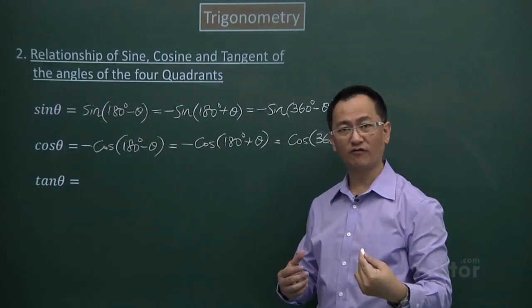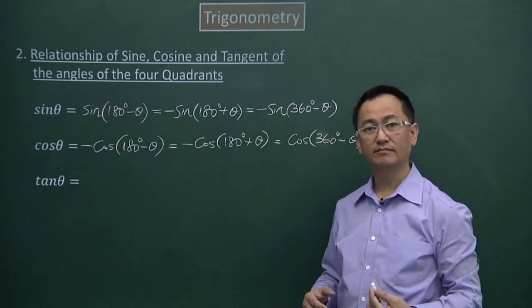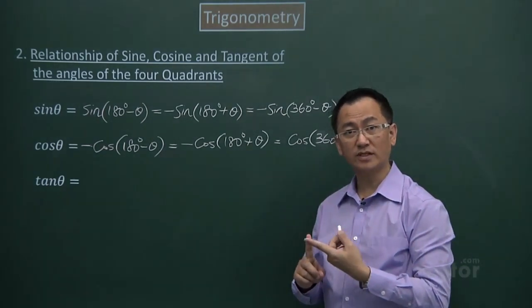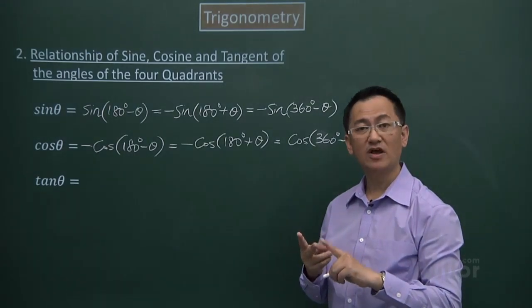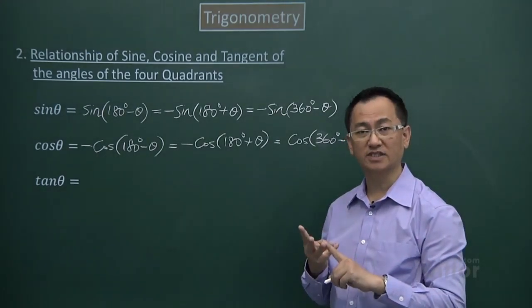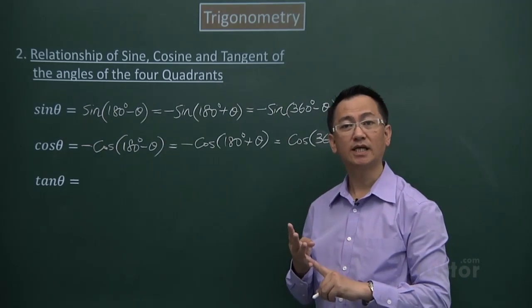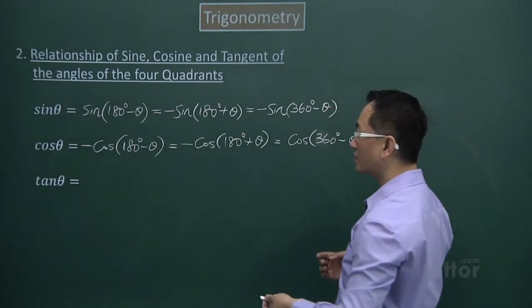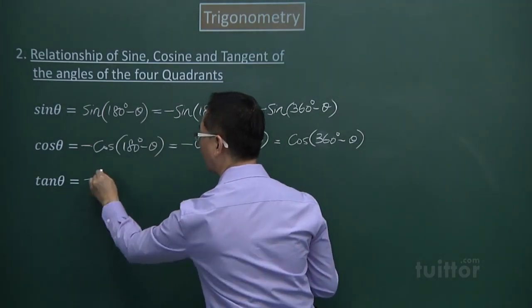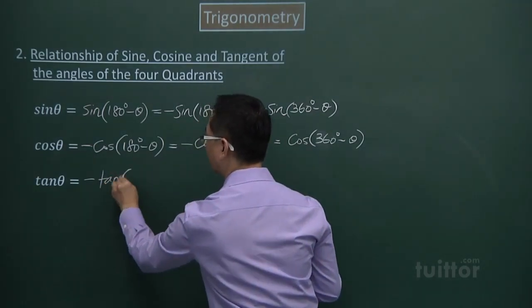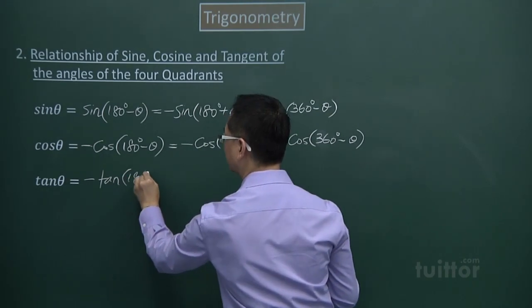Let's try to recall for the function of tangent. First quadrant, positive. Second quadrant, negative. Third quadrant, positive. And the fourth quadrant, negative. So tangent theta equals to negative tangent second quadrant angle.